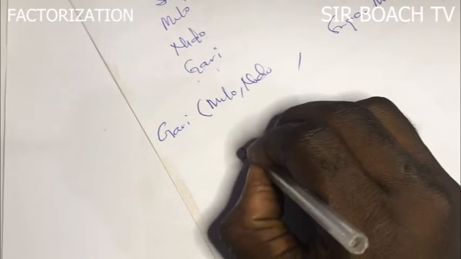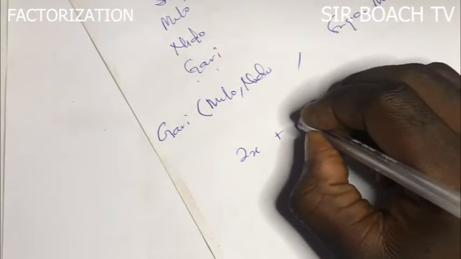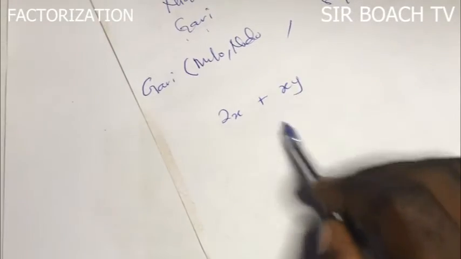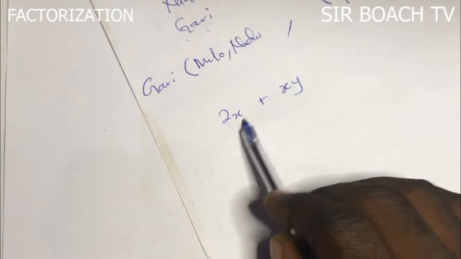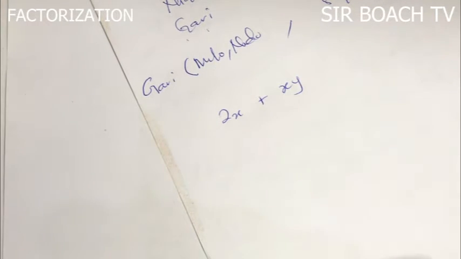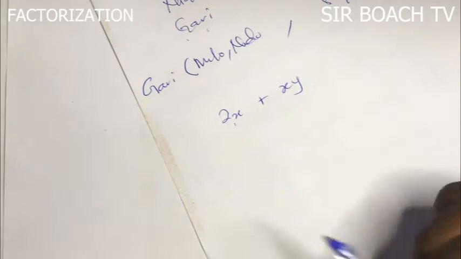Now, when we are doing this mathematically, we give an example like this. Maybe I have 2x plus xy. Let's take this as shop 1 and this as shop 2. You can see clearly that in shop 1 they sell 2x and in shop 2 they sell x and y. So there is x here and x here as well, so we can bring the x's out.